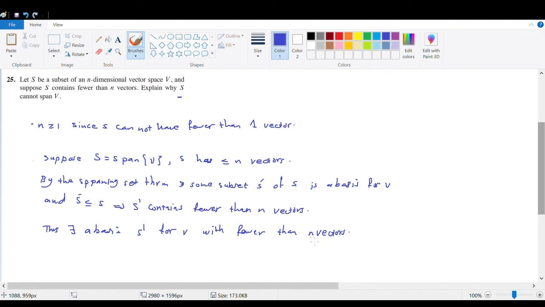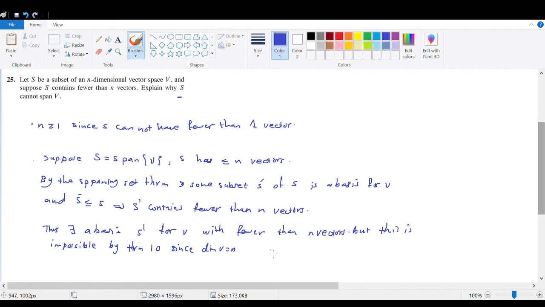But here we have this set with less than n vectors, so this is impossible by theorem 10, since dimension of V is equal to n.